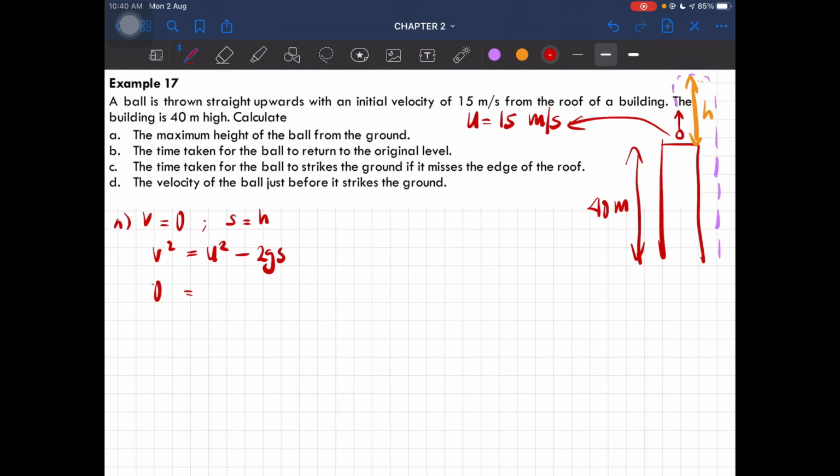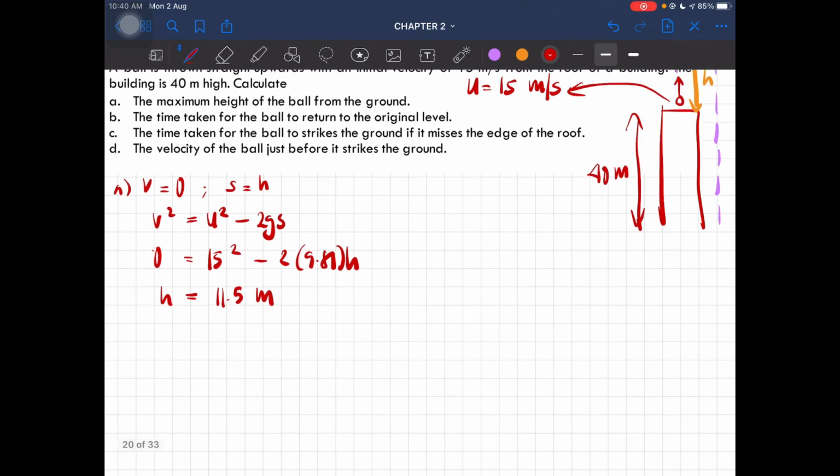So 0 equals 15 squared minus 2 times 9.81 times h. You'll then get h to be 11.5 meter. Okay, but that is not the maximum height from the ground. So from the ground, the height would be h plus the height of the building, which is 40 meter. Then you'll get the maximum height from the ground to be 51.5 meter.